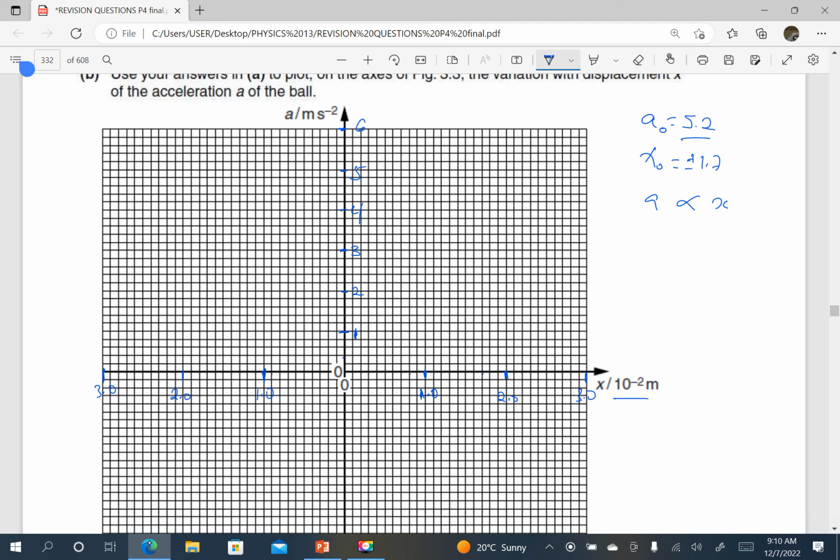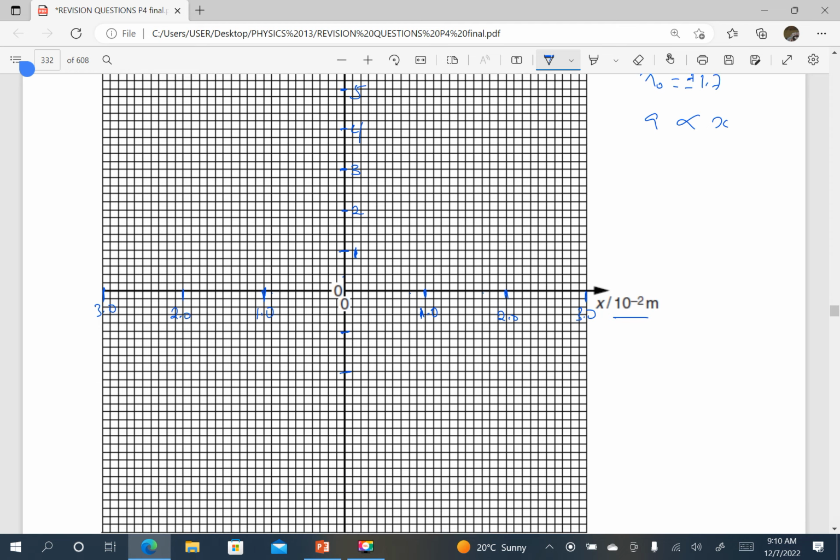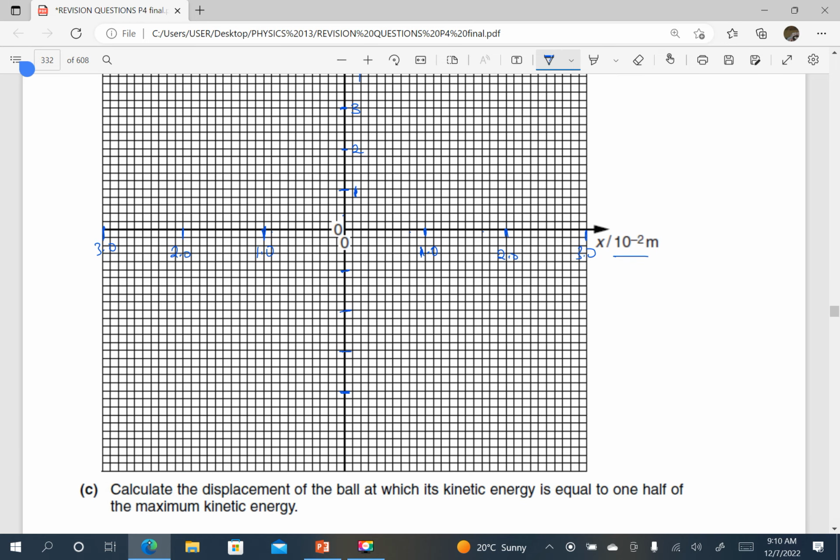So I'll do the same at the bottom. And 6 is here. So this will be -1, -2, -3, -4, -5, and -6. Here we have negative on the other side.